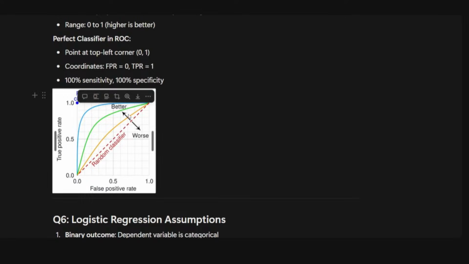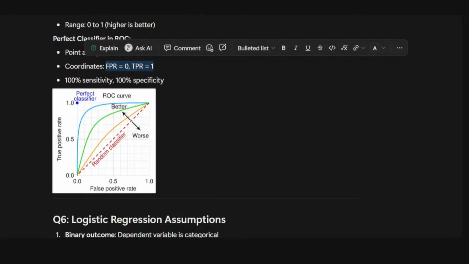Anything that falls above is good, and if it's reaching towards this particular point, then it's a perfect classifier. So mention all of these points and ensure that you've written that (0, 1) is your perfect classifier point in your ROC, and write it in terms of true positive rate and false positive rate, which basically means 100% sensitivity, 100% specificity.